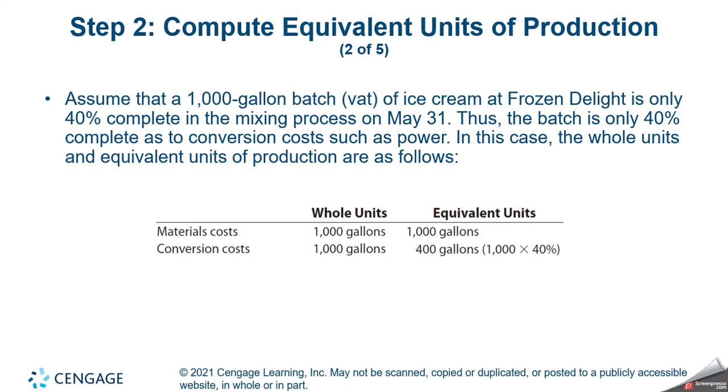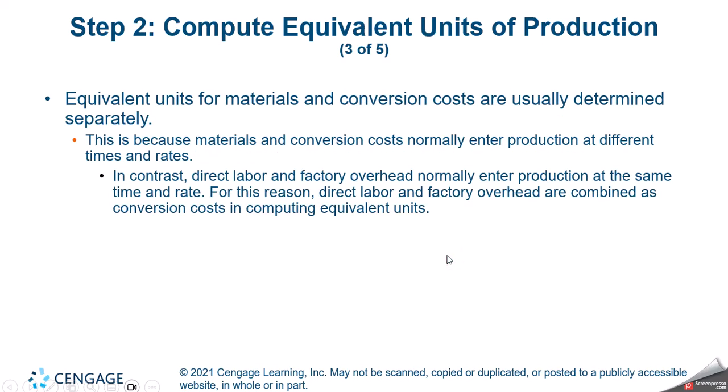It's 40% complete in the mixing process, so it's only 40% complete with relationship to those conversion costs. So it's 100% complete with relationship to materials, because all of the materials were transferred over, but only 40% complete for conversion. So again, you can have different levels, depending on the stage they're in.